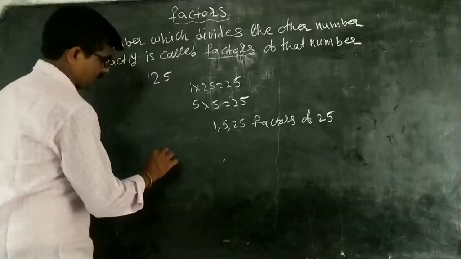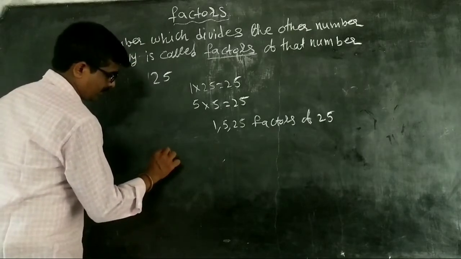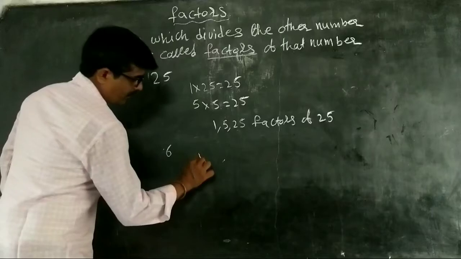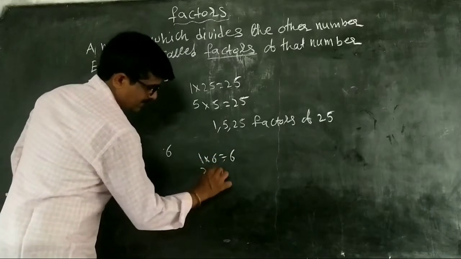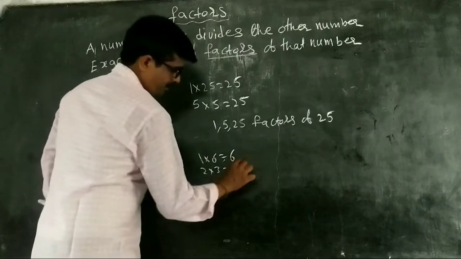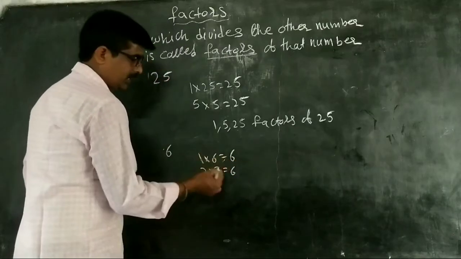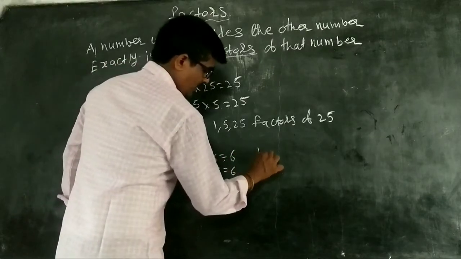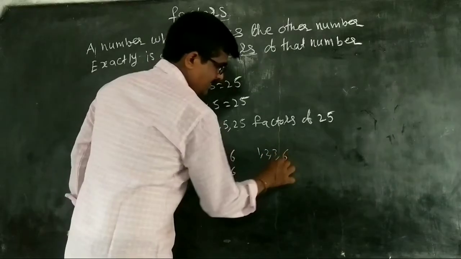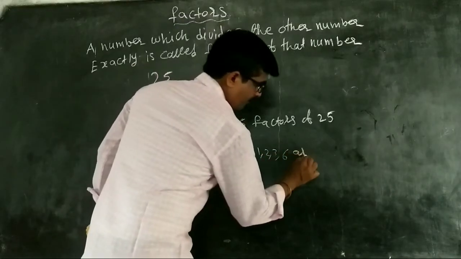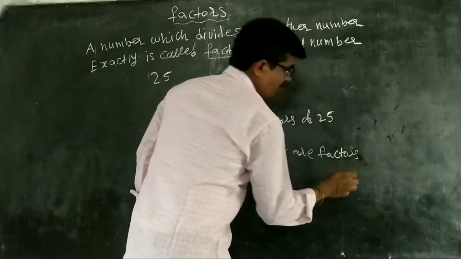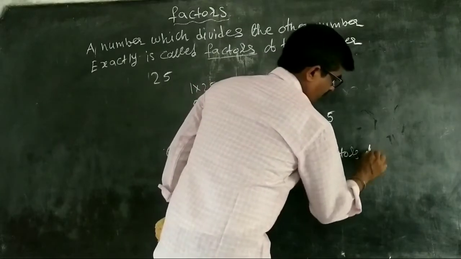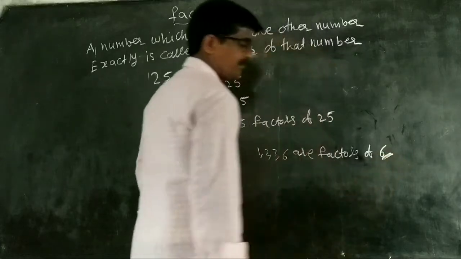Remaining one thing, for example, take another number, 6. 1 times 6 is 6. 2 times 3 is 6. So 1, 2, 3, 6 are factors of 6.